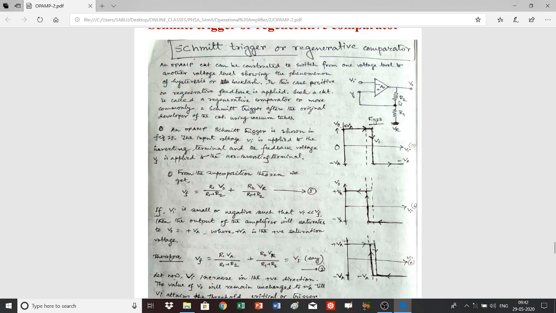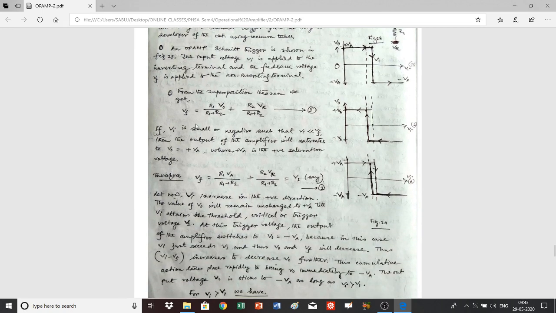According to the voltage divider rule, this is R1 here, the voltage drop will be R1 into V0 by R1 plus R2. And in case of R2, the voltage drop will be R2 into VR by R1 plus R2. This can be found by applying the superposition theorem or voltage divider rule. So the feedback voltage Vf is given by this equation.